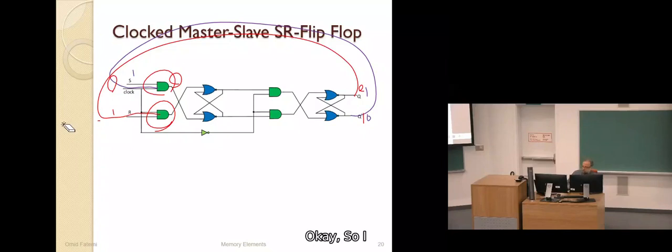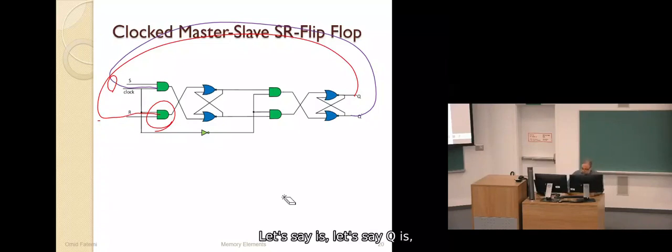Okay, so I clear these. Both of them at 1 is just going to flip the state of the system. Right? Perfect. You found it. So let's see how it works.